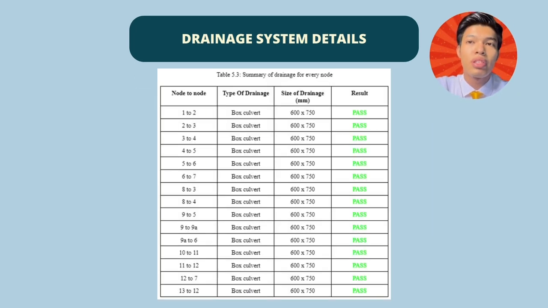As a summary of the drainage at every node, as we can see in the tabulated form, each node has been provided with a box culvert with the size of 600 by 750 mm, giving us the result of pass, which means the area will not be flooded with the provided drainage.